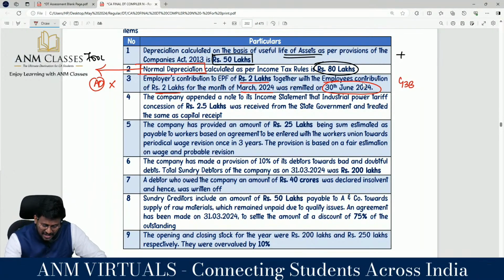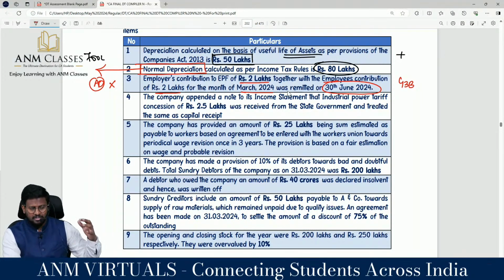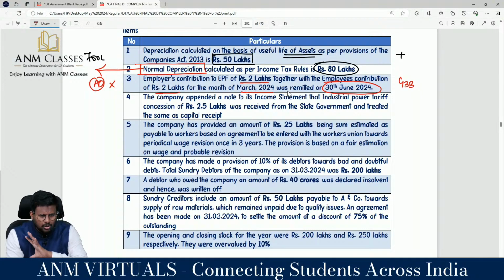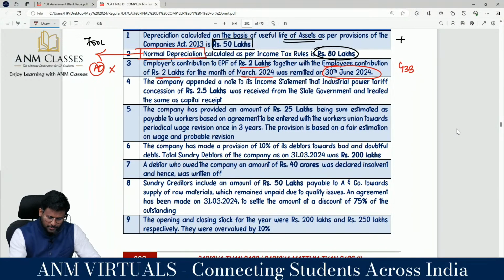So that extra extended time limit will be available for the employer but will not be available for the employee's contribution. So this 2 lakh should be added back. For the employee's contribution there are different court decisions. Even the employee's contribution is allowed, but I will not go with that because it is very clearly said in the Act that it has to be disallowed. Correct?